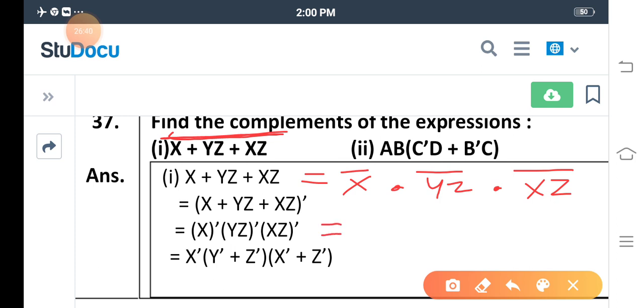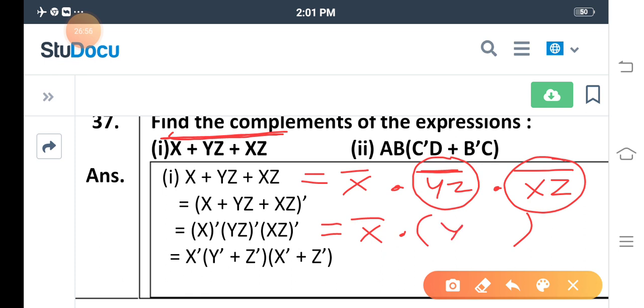Now here, when you solve it, x bar dot, now in the bracket apply again De Morgan's, because in this second term you can again apply complement properties, and here also you can apply complement. ठीक है, तो आप इसको जब apply करोगे, so it will be y bar plus z bar dot, and third term में भी also apply, it will be x bar dot plus z bar. So here is the answer.